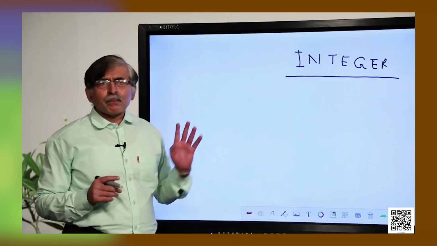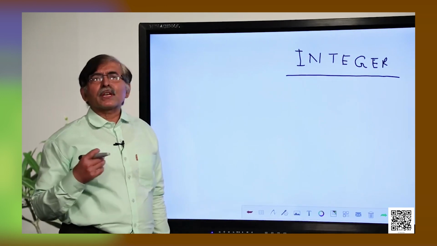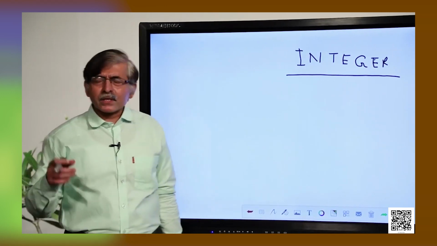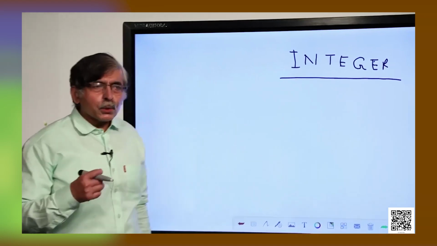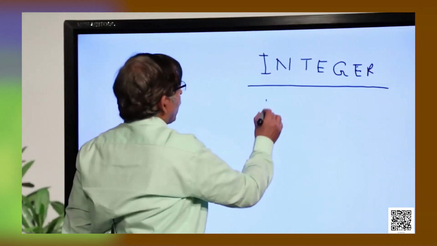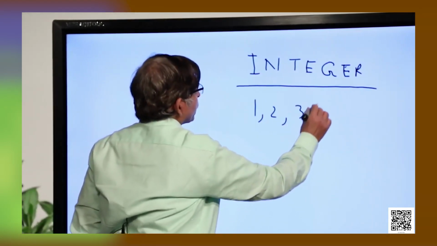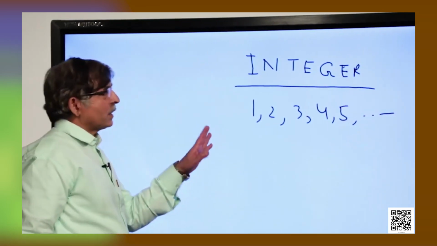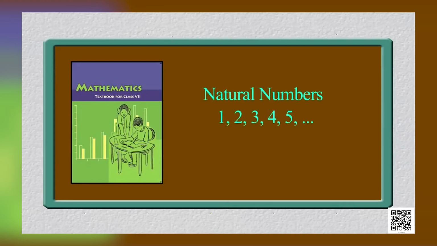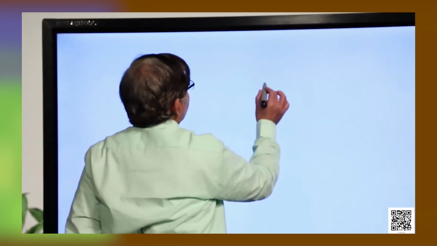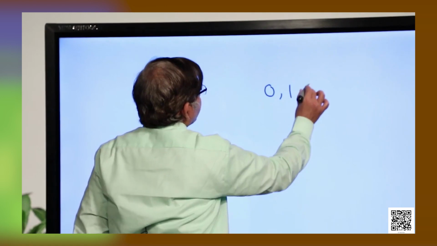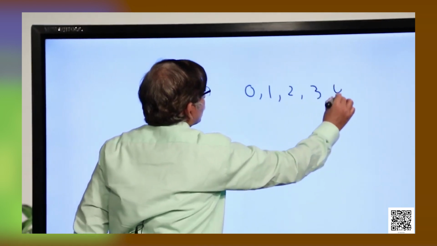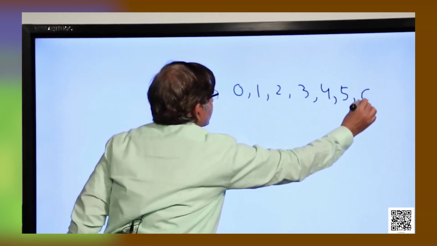Natural numbers are the numbers which generally we use for counting. Whenever some objects are given, we use the numbers 1, 2, 3, 4, 5, etc., and these are nothing but counting numbers or natural numbers. Now, whole numbers are generally 0, 1, 2, 3, 4, 5, 6.